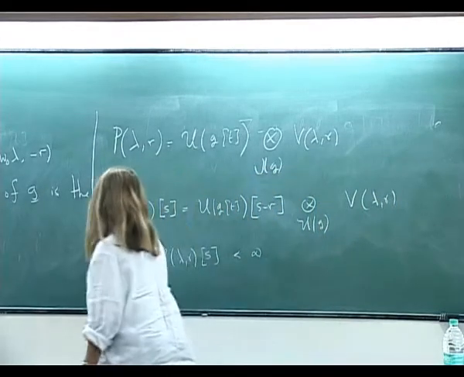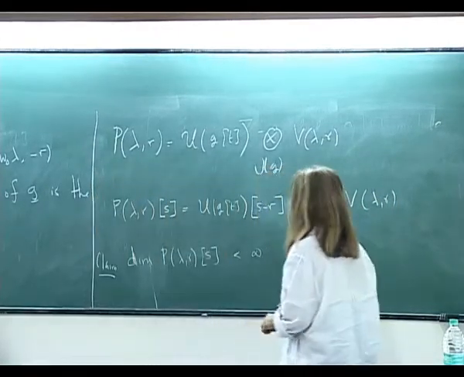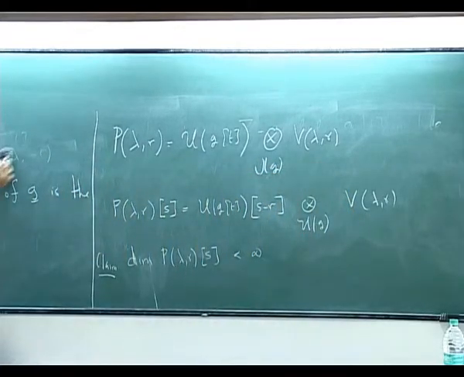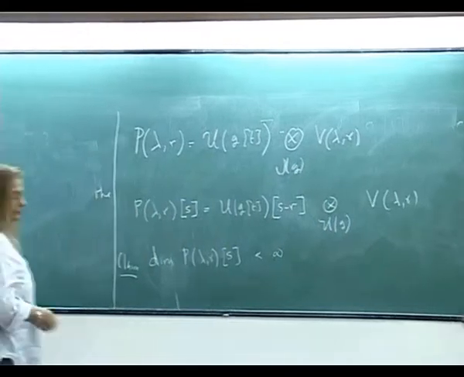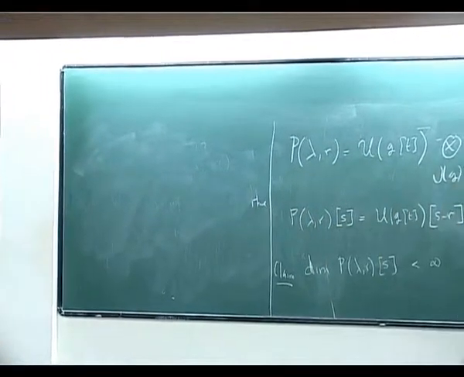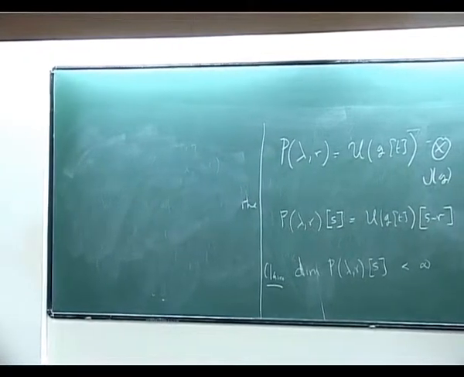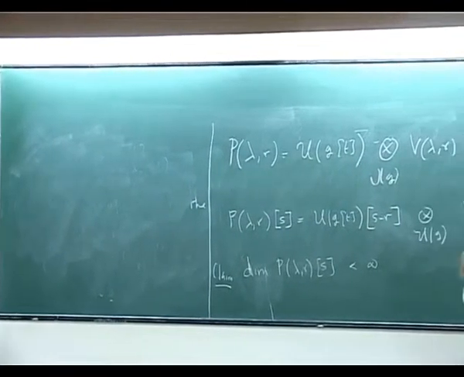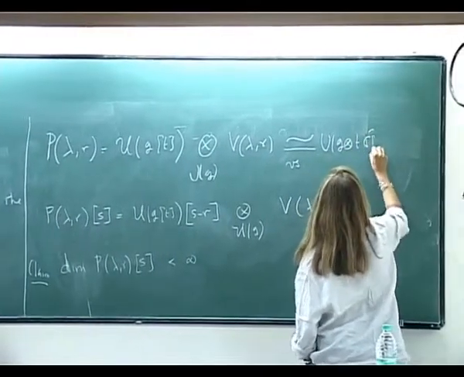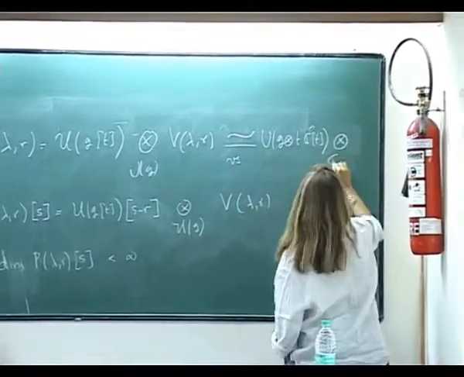So claim: by the Poincare-Birkhoff-Witt theorem, this is further isomorphic, at least as a vector space, and we'll see even better, to U of G tensor T C[T] tensor over C V lambda r.